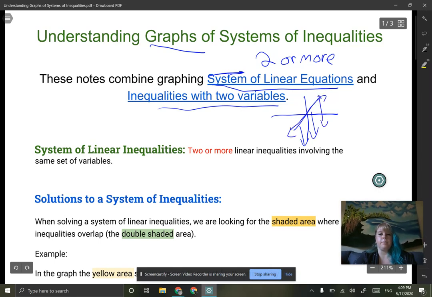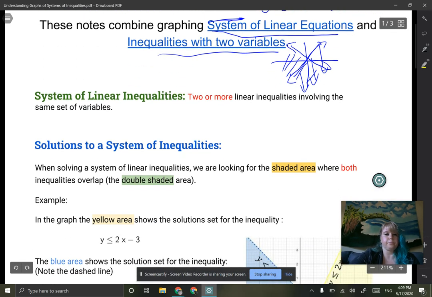We are including many points below or above the line. Okay, so to combine the two, we are basically going to have two or more, so a system of inequalities with two variables. So we're going to have two of these graphs with shaded areas. Okay, so let's get into it.